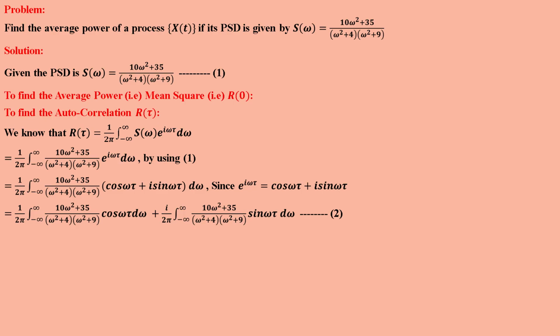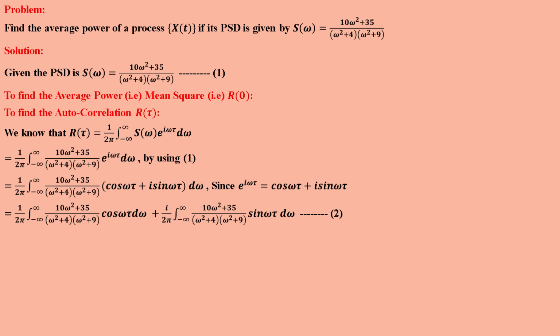There are two integrals. In the first one, there are two functions. One is (10ω² + 35) / ((ω² + 4)(ω² + 9)), another one is cos ωτ. The first one is an even function, so whenever you replace ω by minus ω, you will get the same one.